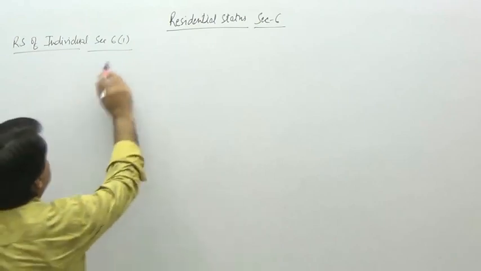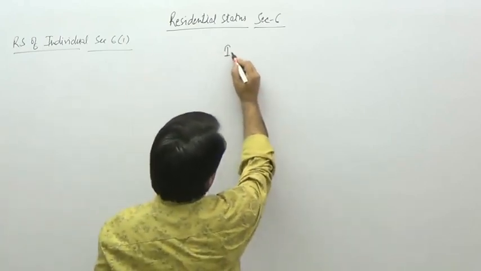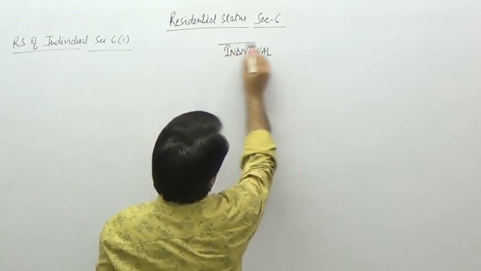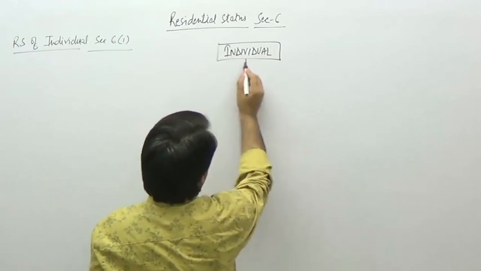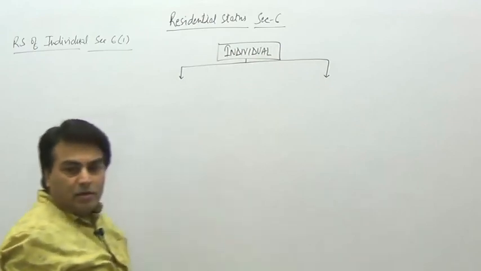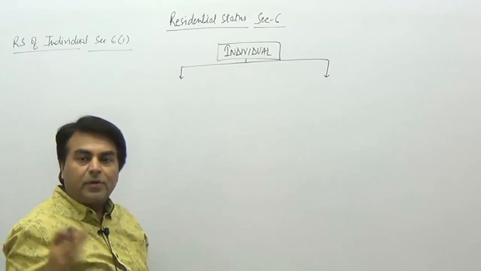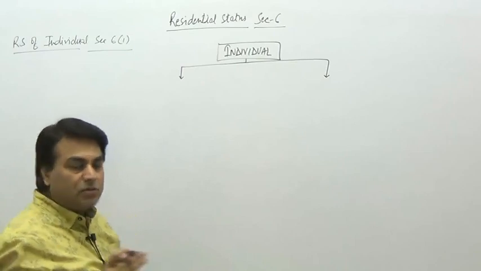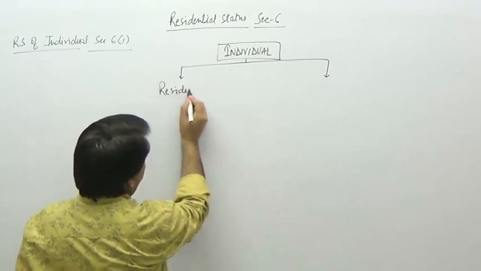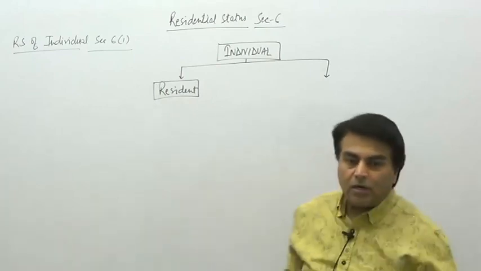In case of individual, now please see, the first bifurcation of RS is that an individual may be a resident or he may be a non-resident.